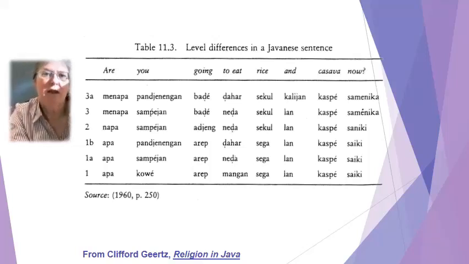If you've ever studied any Japanese, I don't know if some of you have, you would know that Japanese also has a lot of dialect variation based on social difference.